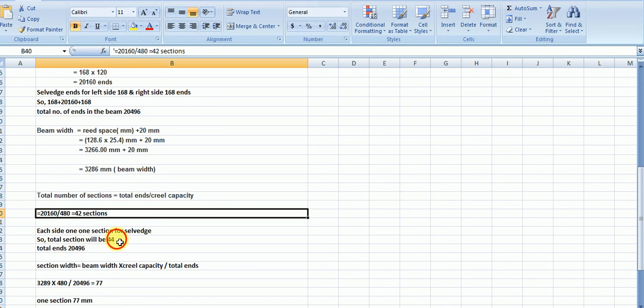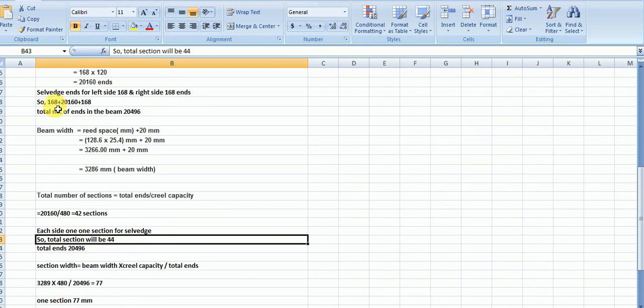Total sections will be 44, because the left side section will be different and the right side section will be different, because when you mount the warp yarn on the creel, the selvage ends and body ends will be different in color or also in the count and all that.